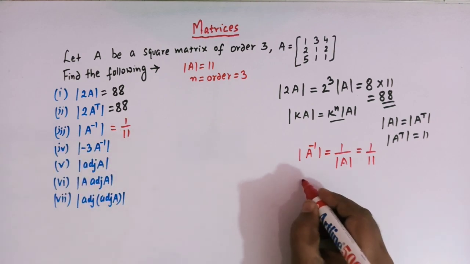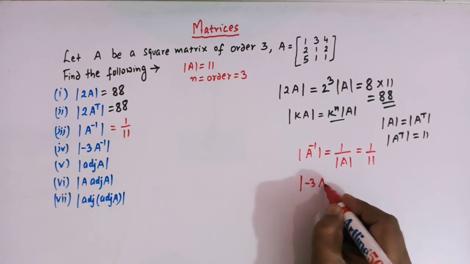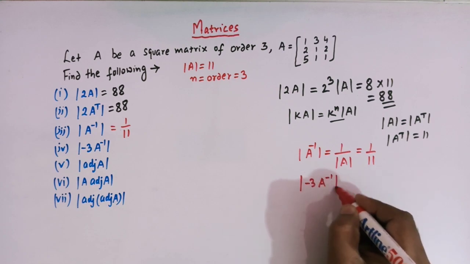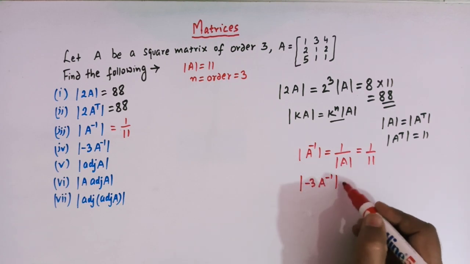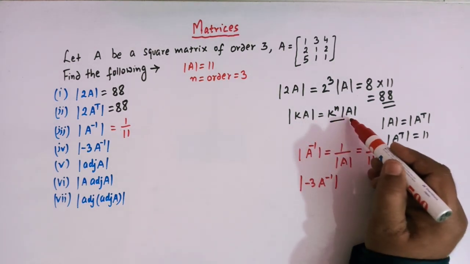Now let us take the fourth one. Here we have the determinant of minus 3 times the inverse of matrix A. Again, to calculate the value of this result, we'll make use of this one.